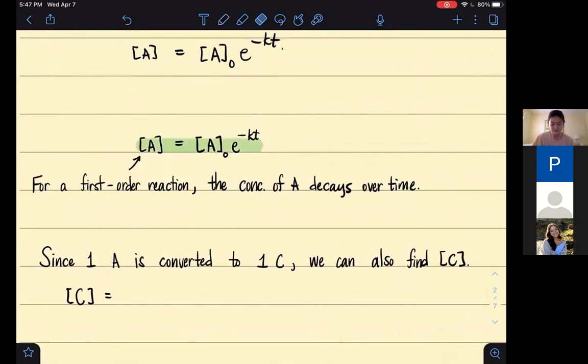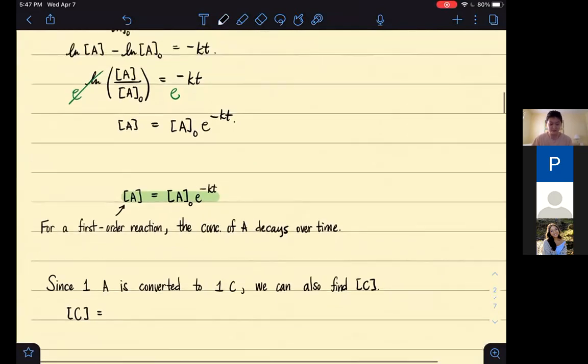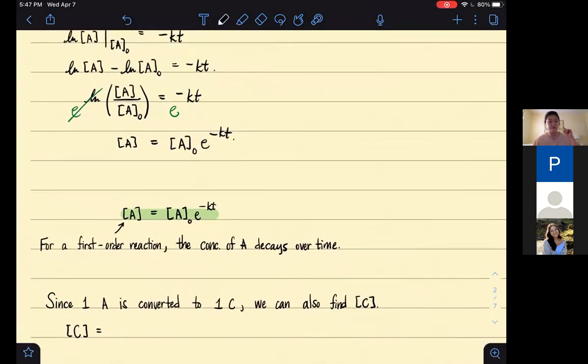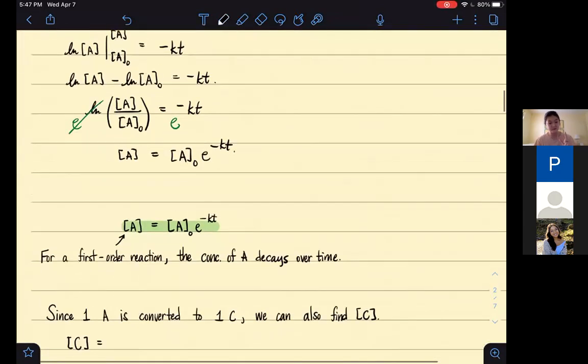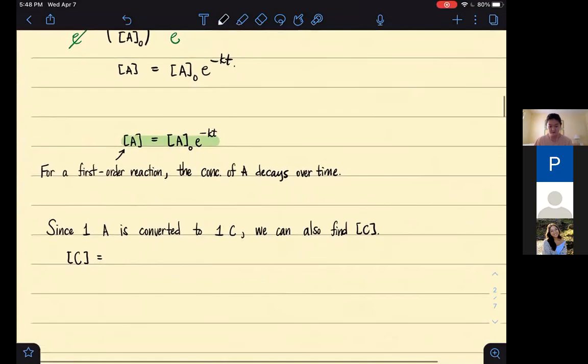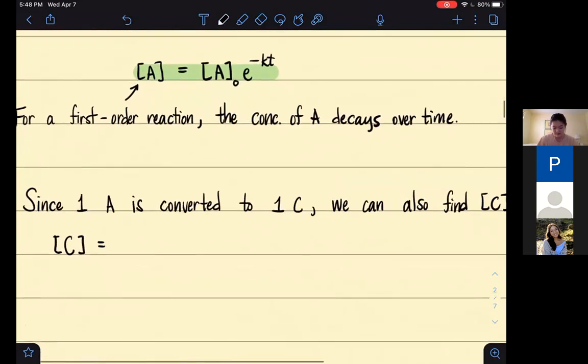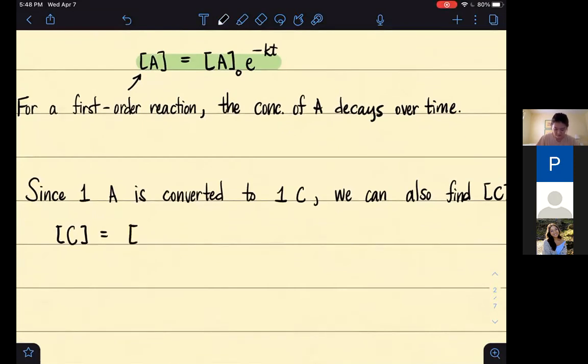Stoichiometrically, for every one product C, we need exactly one of the reactant A. So every molecule A that is converted must be converted to C. So the concentration of C must be the initial concentration minus the concentration of A at that given time.